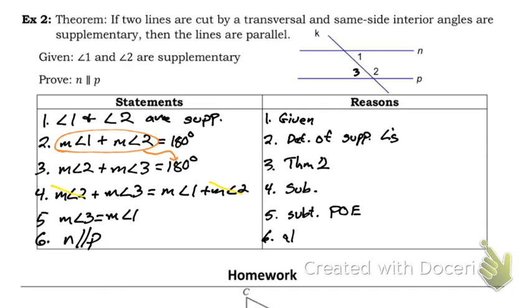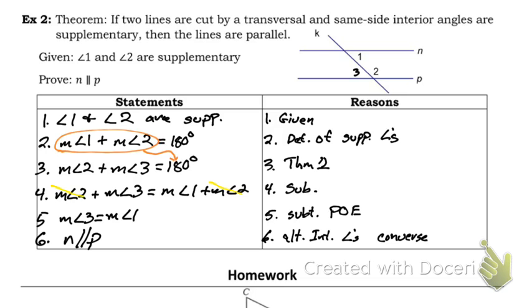The alternate interior angles converse. Yeah, you could. The reason why I use alternate interior angles is because when I'm on a test sometimes, I know it exists, so I can just put alternate interior angle converse.